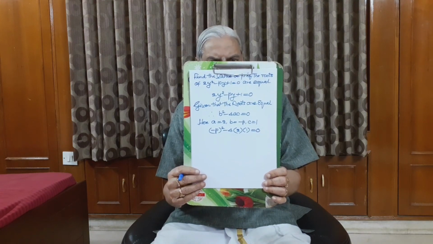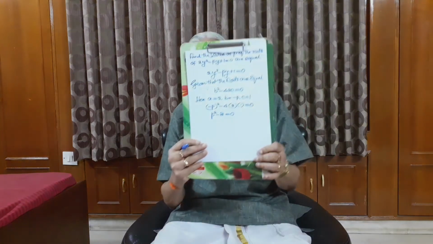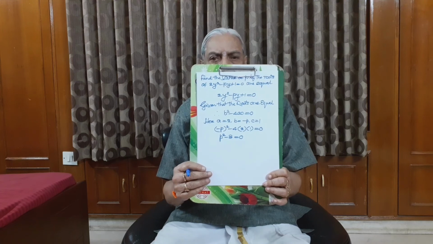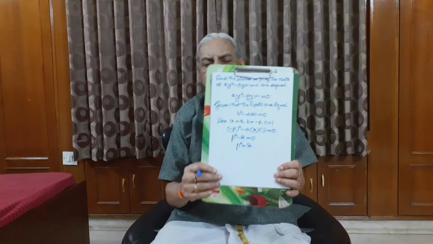I think you have understood. Apply, then you can simplify. Minus p the whole square means what? It is p square minus 8 equals 0. p square minus 8 equals 0. Then what exactly you have to do? You have to transfer minus 8 to the right hand side. What will it become? p square is equal to plus 8. Am I right? You should not stop at this stage.